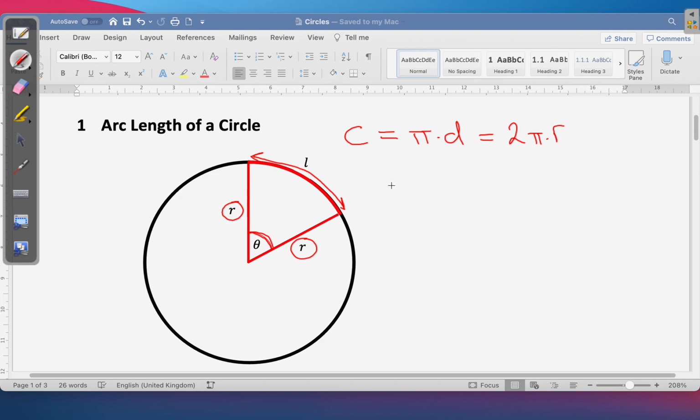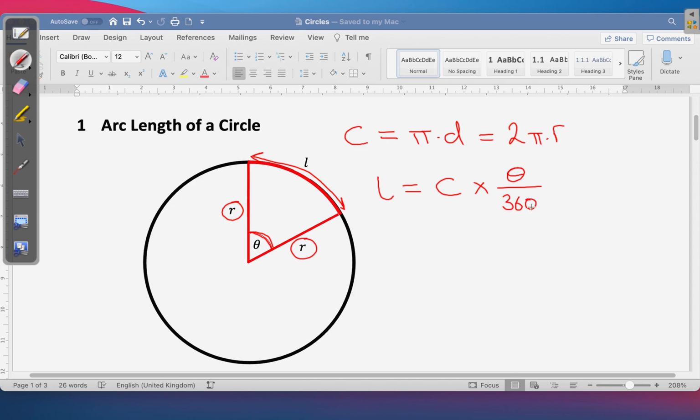The equation that we're going to use is the arc length, L, is equal to the circumference times the angle at the centre as a fraction of 360.